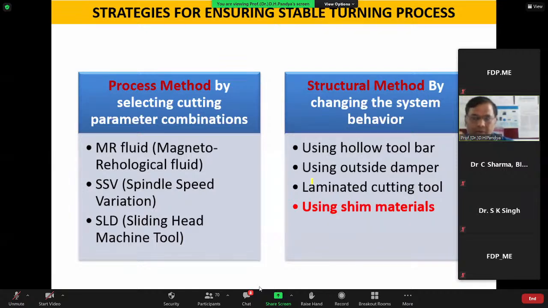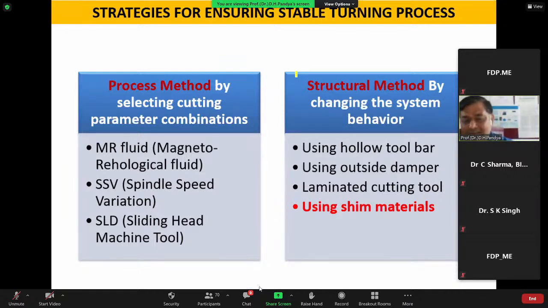Haas and Mazak have this SSV module and have implemented it for the last decade, we can say. But apart from that, there is not much, I can say, a controller given or developed by other manufacturers.